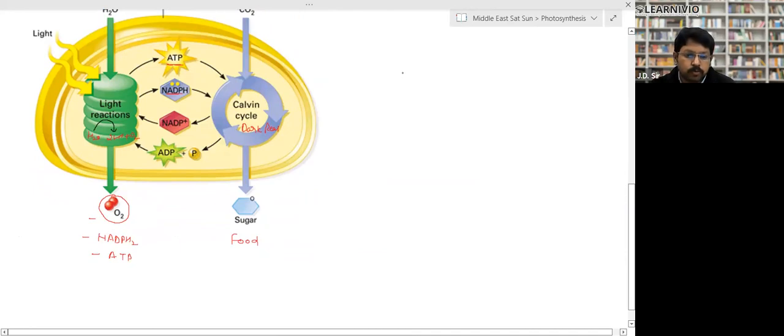So I want to say one thing. 1 GTP is equal to 1 ATP. Again, 1 NADPH is equal to 3 ATP. 1 FADH2 is equal to 2 ATP. Please note it down.